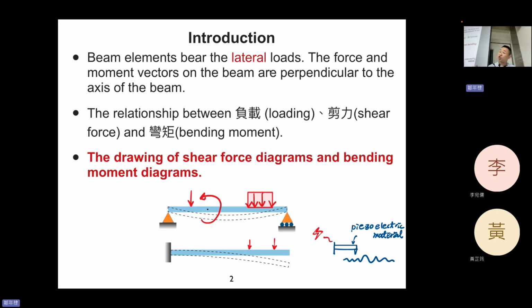The main purpose of chapter 4 is to draw the shear force diagram and bending moment diagram.